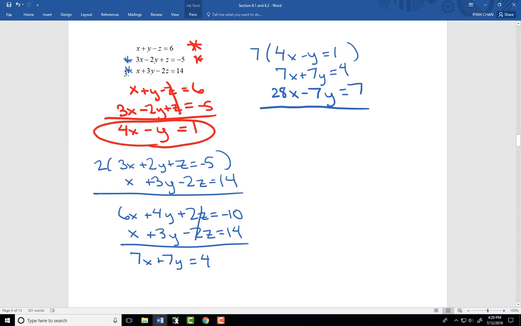I'll combine them. And I'll have 35x is equal to 11.